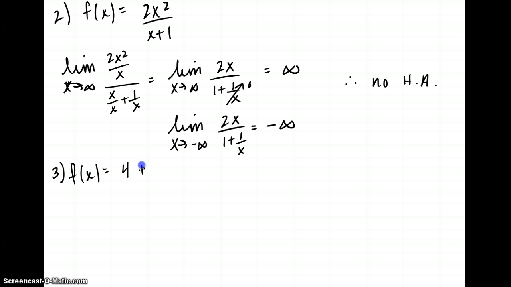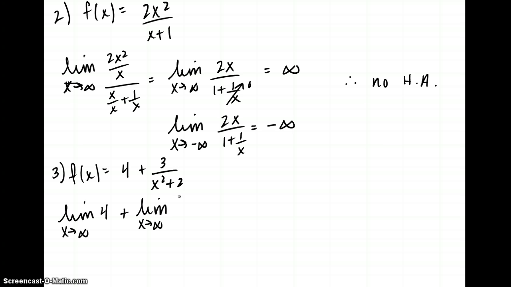F of x equals 4 plus 3 over x squared plus 2. Limit as x approaches infinity of the function. I'm going to split this up. 4 plus the limit as x approaches infinity, because we can do these limits, they have very nice usable properties.